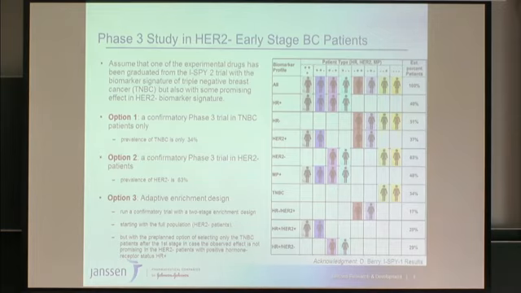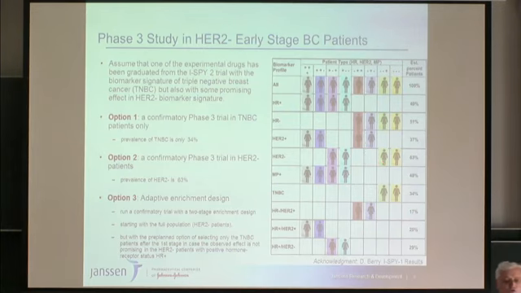So, of course, they can take another kind of approach. How about we go in HER2 negatives, which contains this triple negative, but also contains this one. This is 63%. But there is a risk. Now, what if, indeed, the drug doesn't work in these patients, but works only in this patient?